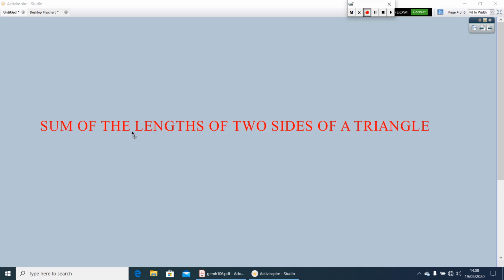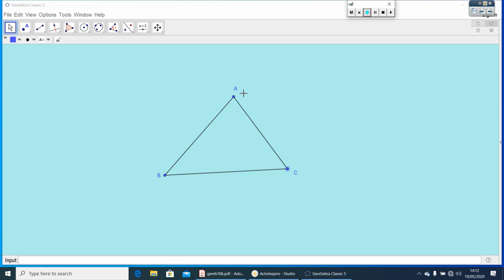Now let us discuss the sum of the length of two sides of a triangle. Here you have a triangle ABC. Now let me find out the length of the sides. Here AB is equal to 8, BC is equal to 9 and AC is equal to 7.